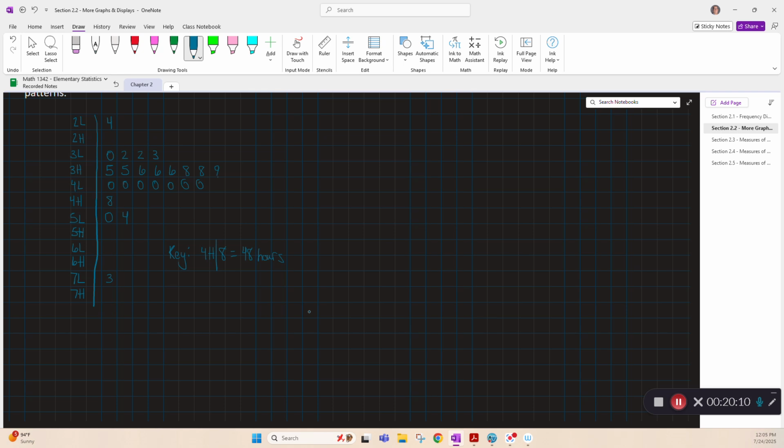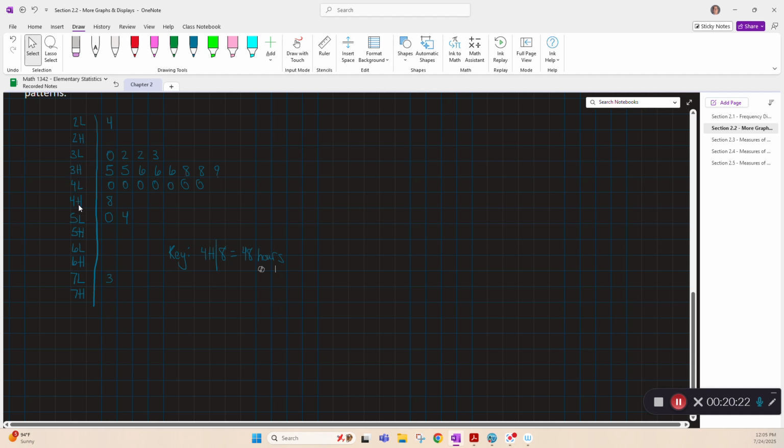Now, they ask us to describe any patterns with this one. So, with the stems kind of broken up, it shortens the 30 and the 40 stems a bit. And I can see a huge group between 30 and 54. But then now this 24 is looking like an outlier. And this 73 is looking like an outlier.